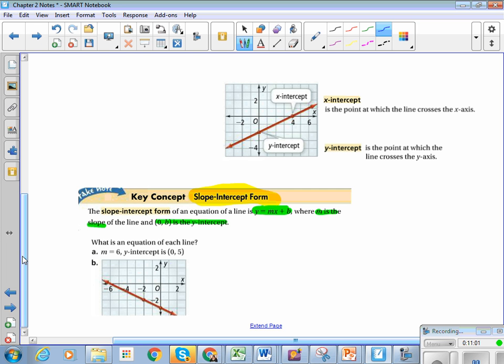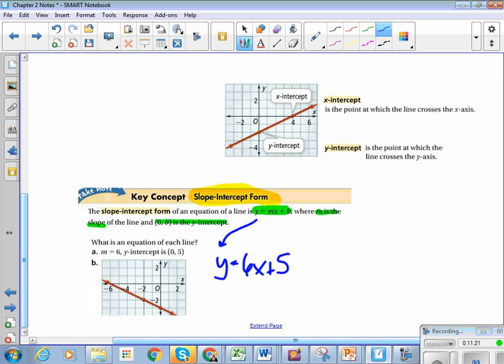So when you have m equals 6 and the y-intercept is (0, 5), if I am putting together my equation, I write y equals 6x plus 5. That's for A.